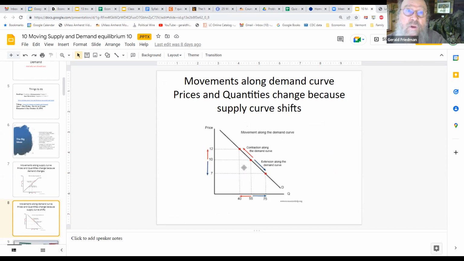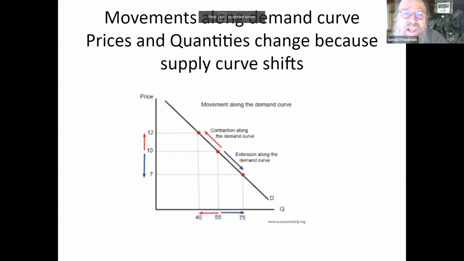Producers will produce more at any price or less at any price. When producers are willing to produce more at any price, you move down the demand curve. People say, hey, if it's worth that much, then what the hell, I'll buy some more. Even though I don't care that much about it, if it's that cheap, okay.